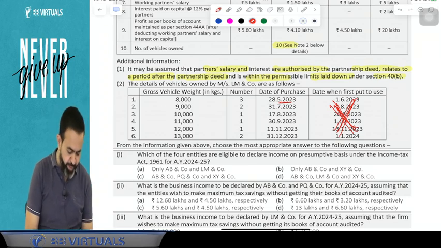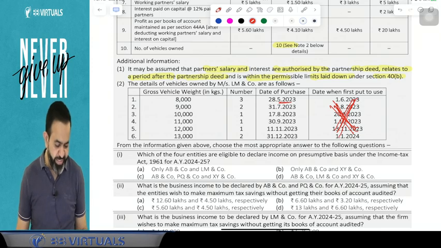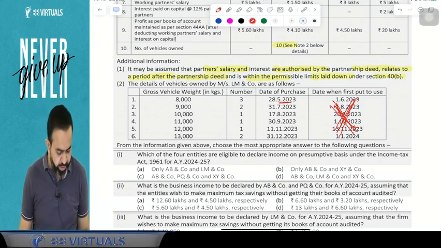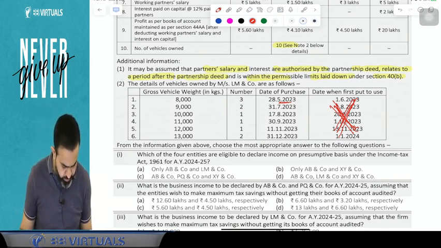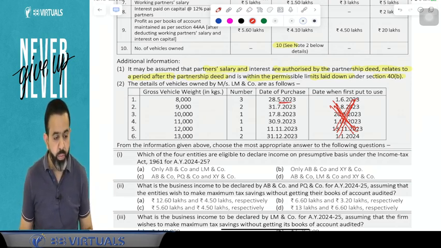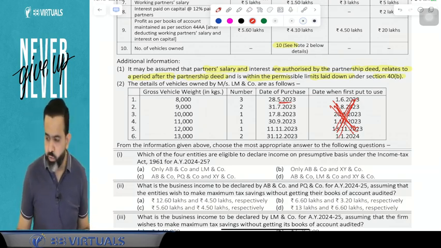The gross vehicle weight definition was a vehicle of 12 ton or more than 12 ton. I am waiting for your answer.